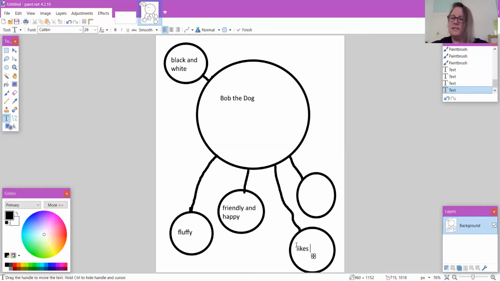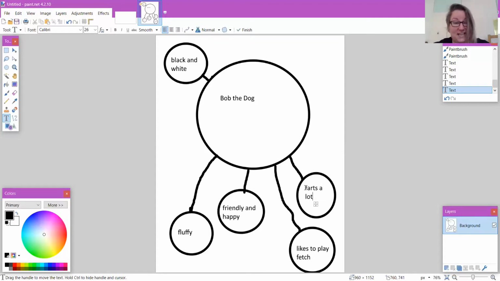What does he like to do? He likes to play fetch. Bob the dog likes to play fetch. Oh, and lastly, something not so great about Bob the dog. He unfortunately farts a lot.